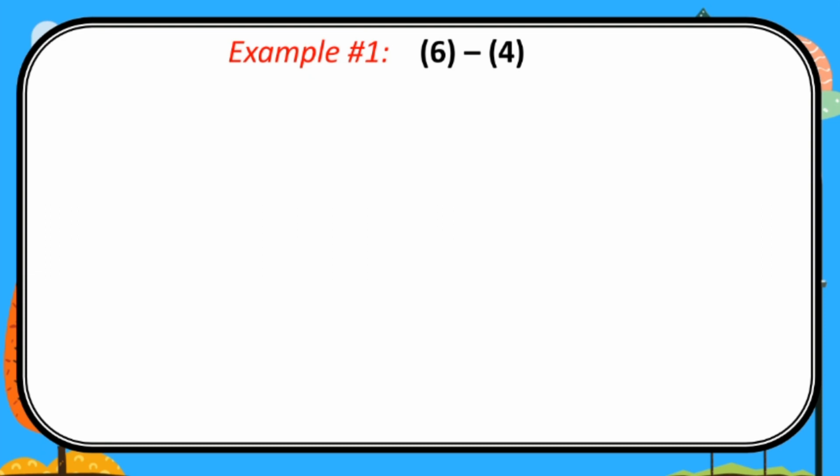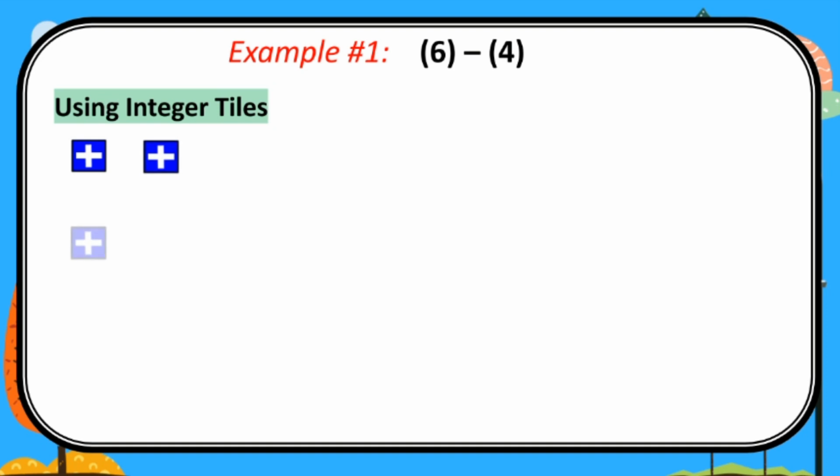Example number 1. Positive 6 minus positive 4. Kung mapapansin natin, same sign or parehong positive ang ating given. Using integer tiles. Dahil positive ang ating given, gagamit tayo ng positive or blue tiles. So, kailangan natin ng 6 positive tiles. So, we have 1, 2, 3, 4, 5, and 6.